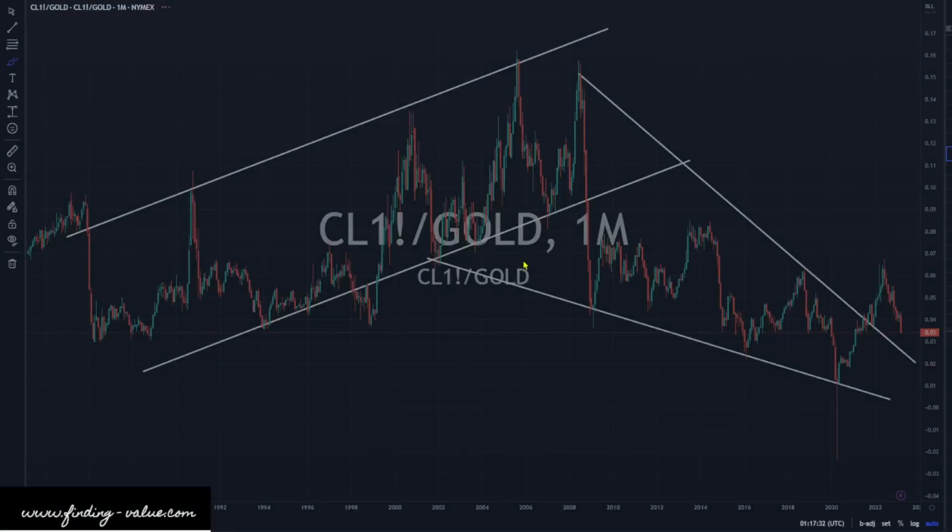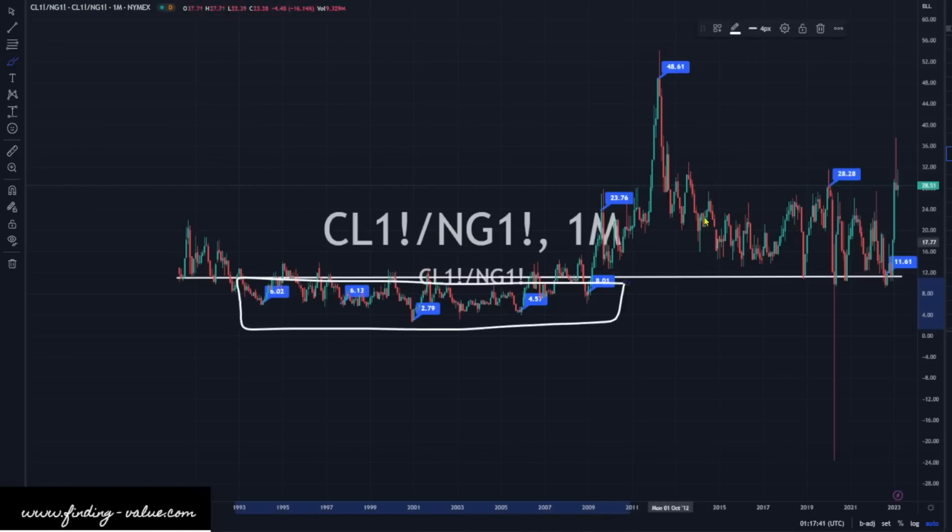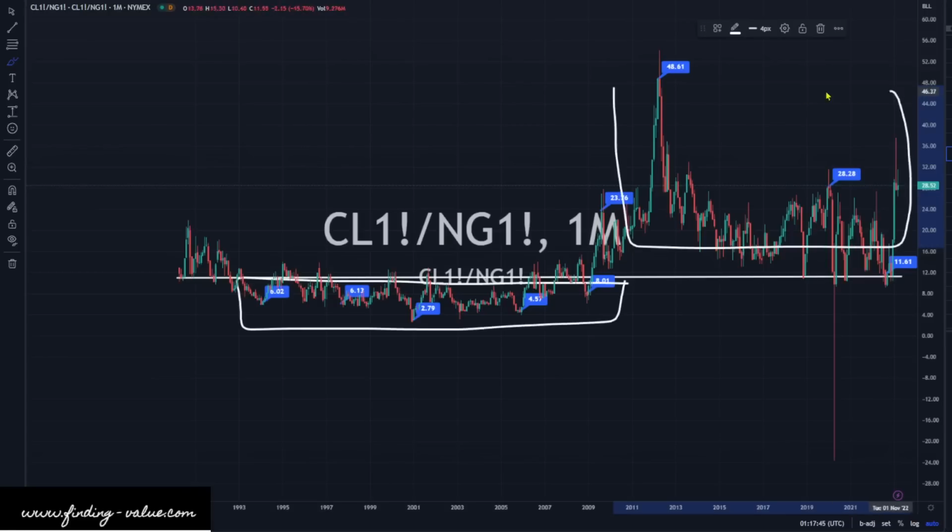So here's another one. This is crude oil in relationship to natural gas. You can see periods where natural gas was relatively expensive. And we're coming from a very cheap era of natural gas. So if you look at the 2 blocks, this is an expensive area where the ratio is trading around 6 and below.